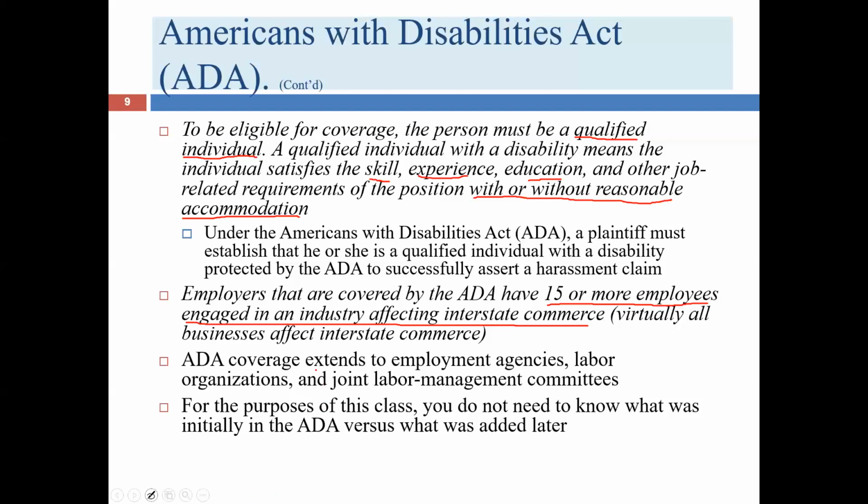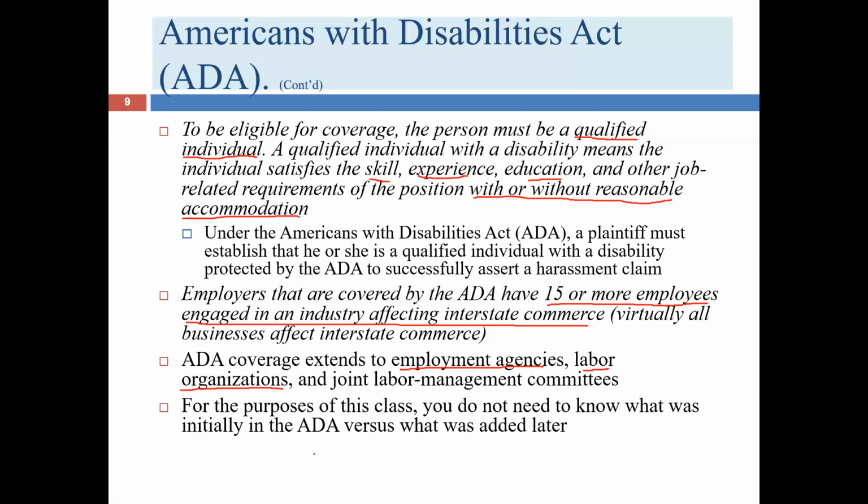But the ADA doesn't just apply to employers who employ people, but also applies to employment agencies, labor organizations. So it has a broader scope than just the employer. We will be talking in the next several slides about various amendments that have happened to the Americans with Disabilities Act from 1990 until relatively recent years.